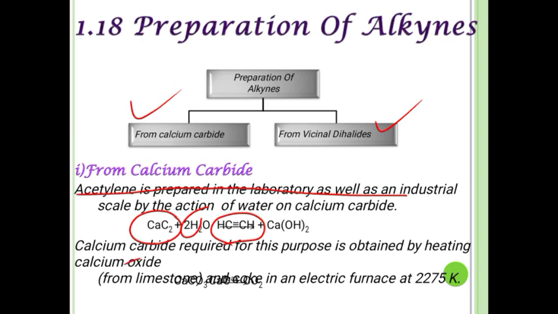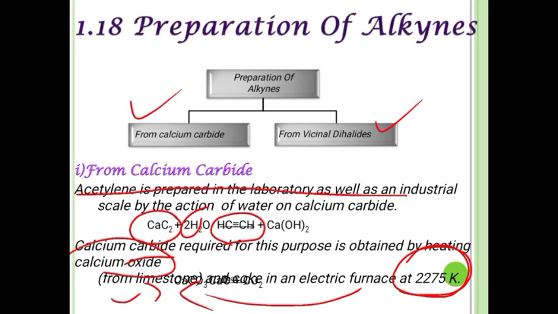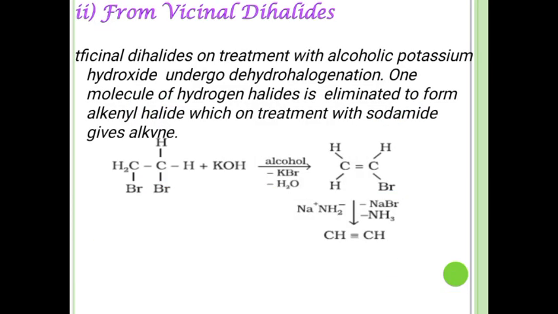We prepare this calcium carbide by heating calcium oxide, that is from limestone. With a high amount of heat energy given to the calcium oxide, it will give calcium carbide. Vicinal dihalides. We know vicinal dihalides are halides in which the halogens are on nearby carbons.